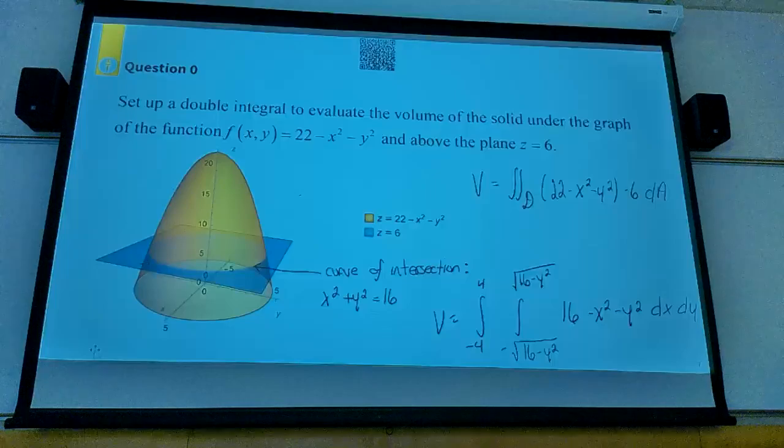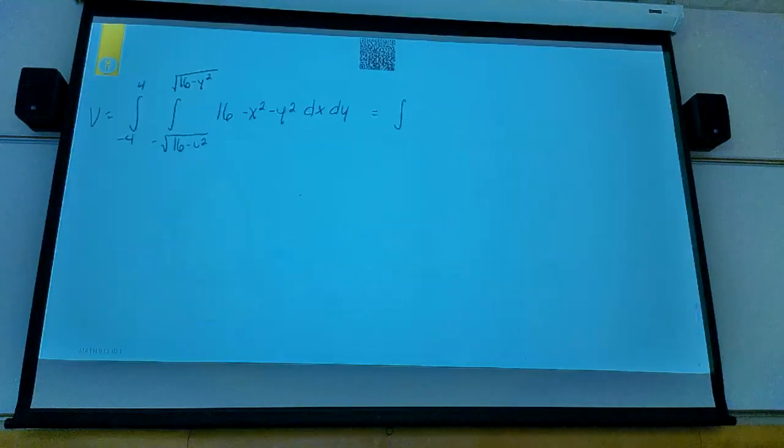From what to what? 0 to 2 pi. Right, now for a circle, and it's not actually a circle, right? It's actually a disk, because the disk includes the region inside as well. What does your radius go from? 0 to 4. For this one, 4, but 0 to whatever the radius happens to be.